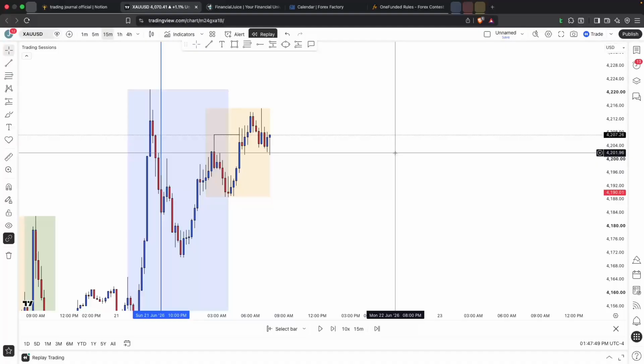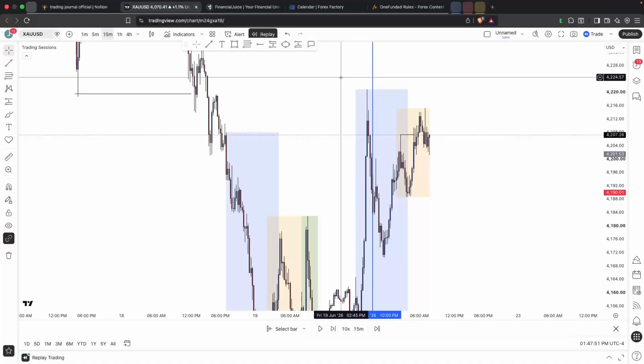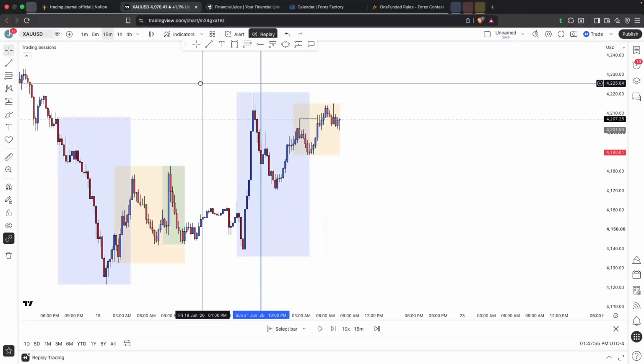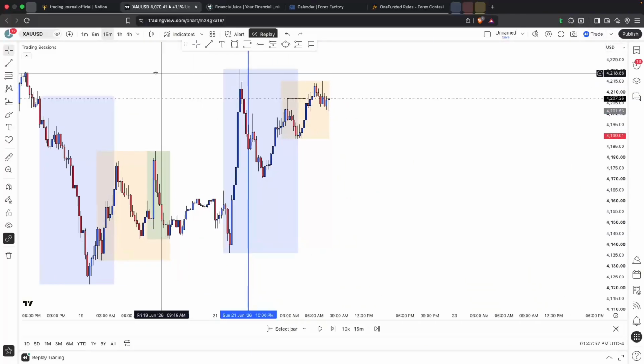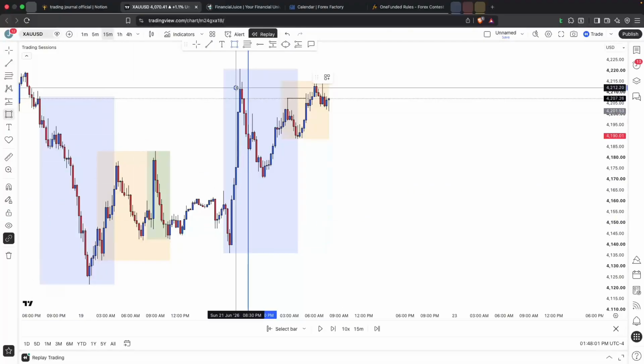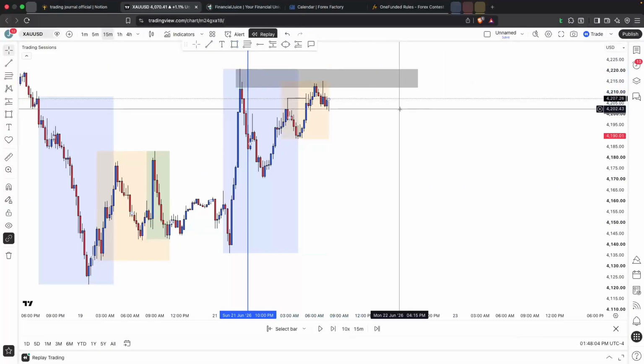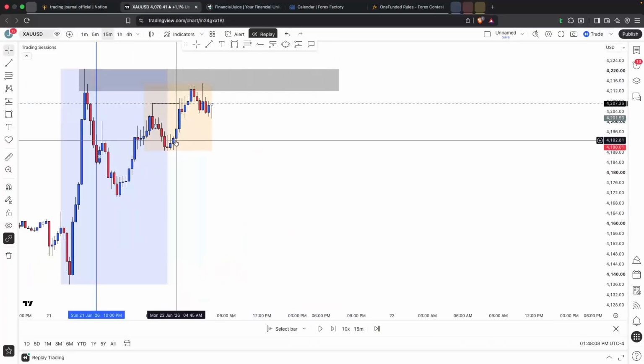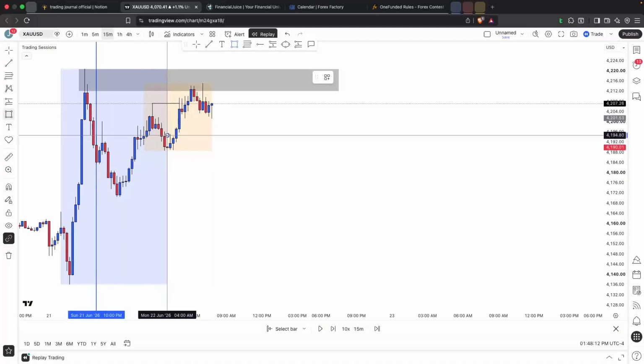So I'm looking for a pullback, I think. So our areas of interest are realistically just up here. Is really the only area of interest I see. Nothing really farther up. And there are a few areas down here.